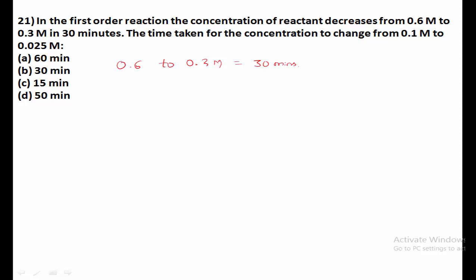So from 0.6 to 0.3, it takes 30 minutes. It means the T half, because it is exactly reduced to half, so the T half for this is 30 minutes.